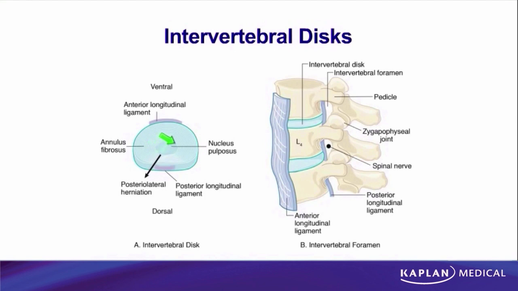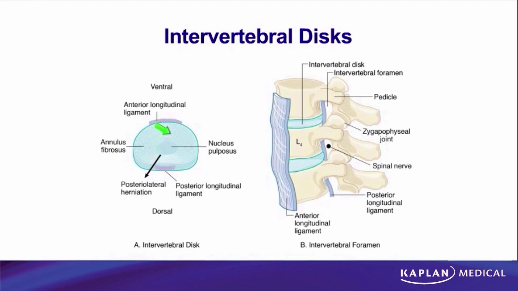Now, notice that the nucleus pulposus is not really centrally positioned in the disc. It's actually somewhat posteriorly displaced. It's closer to the back wall. This is the posterior side of the disc. That's the anterior side. It's closer to the back wall of the disc than to the front wall. So it's not in the center, which means that the annulus fibrosus is thinner posteriorly than it is anteriorly.